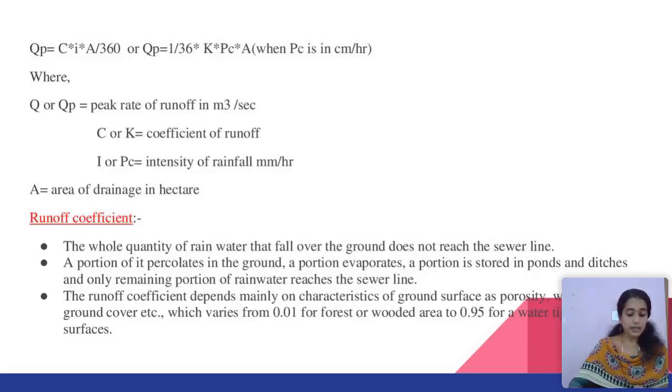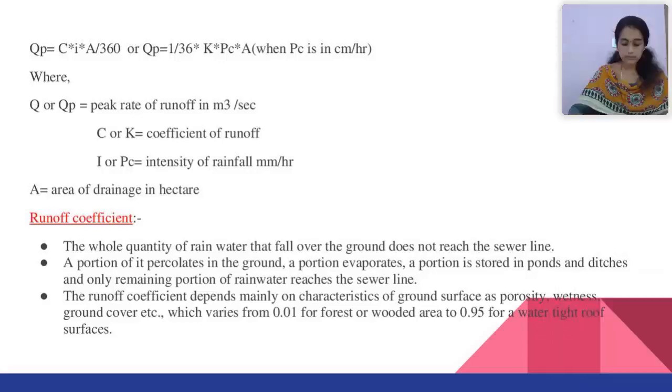Then the runoff coefficient. The whole quantity of rainwater that falls over the ground does not reach the sewer line.